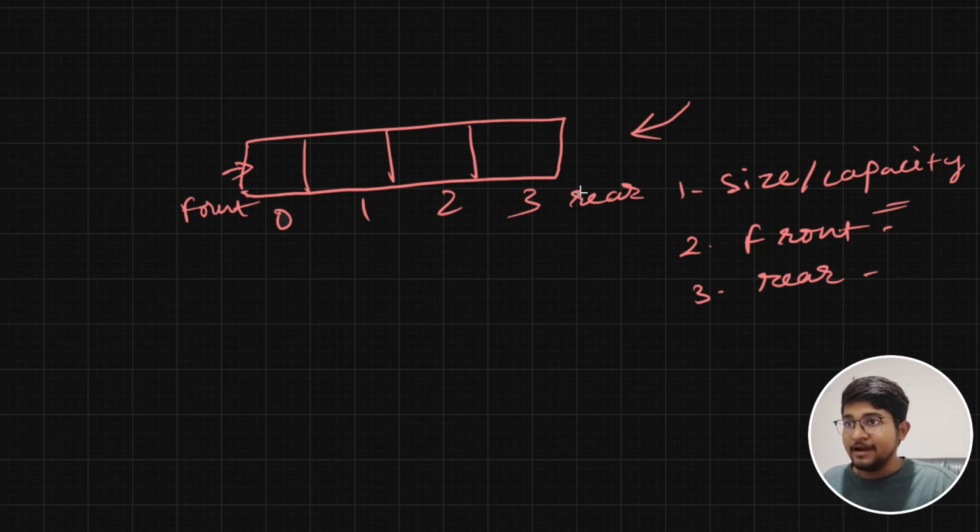The rear will not stand at the back. Using this rear, we will see whether the queue is full or not. If this rear is pointing to this place, then we'll say that the queue is full.